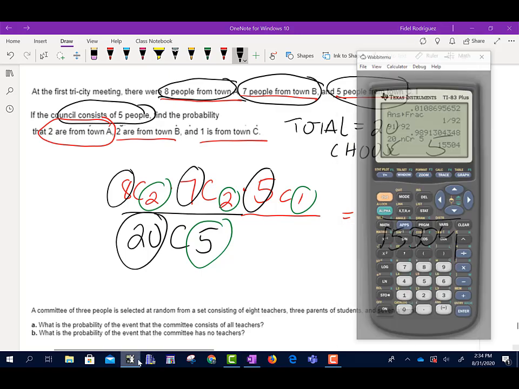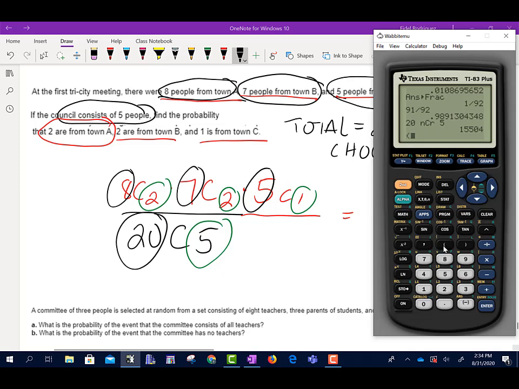So I'm going to do the numerator like this. I'm going to put parentheses, because I'm going to multiply each of these things. 8 choose 2, times 7 choose 2, times 5 choose 1.